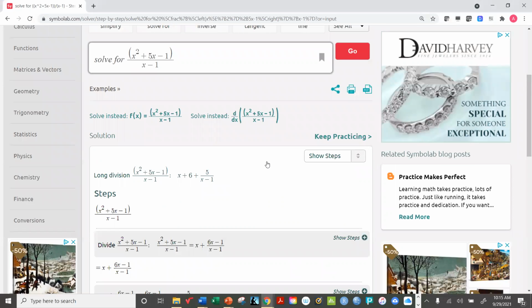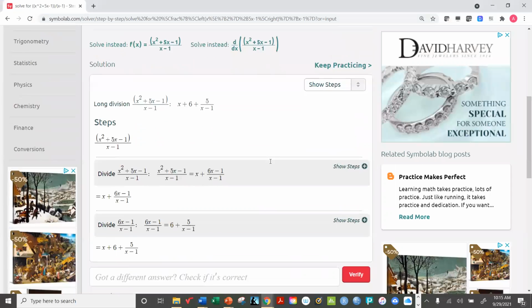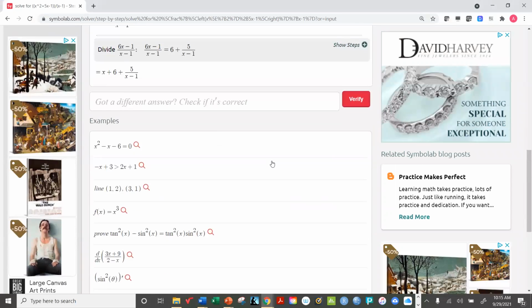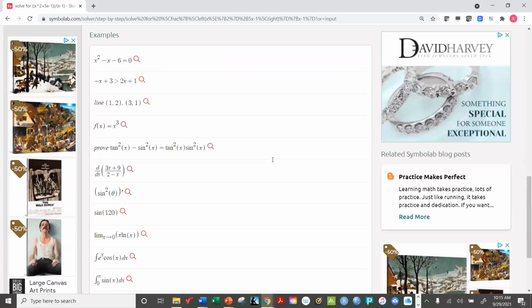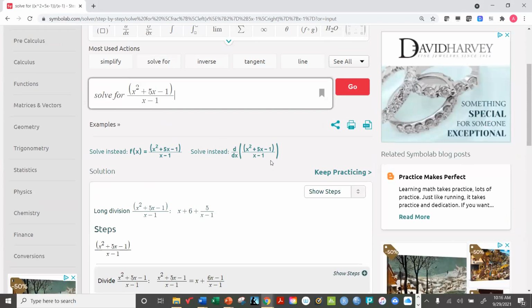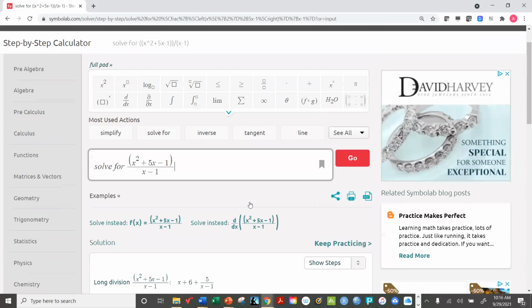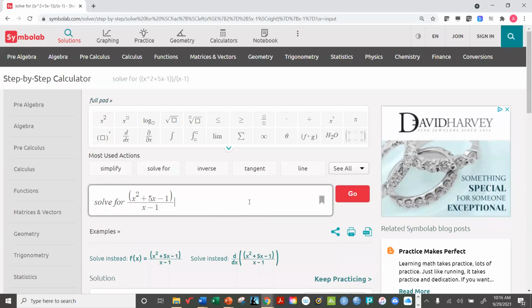It did work. Wow. I'm surprised. Honestly, I'm surprised. Like I said, I'm learning more and more about this thing, and I'm liking it even more. So yes, the x plus 6 is defined as the quotient. The 5 is the remainder. Okay, so wow, very good.